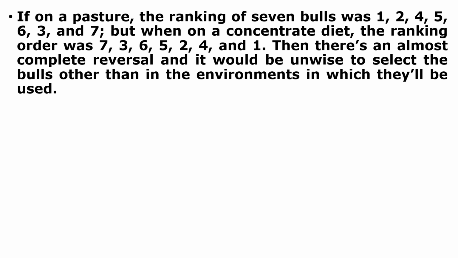Then, in this kind of situation where there's an almost complete reversal, we will say that it would be unwise, for example, to select the bulls other than in the environments in which they will be used. So if the animals are going to be on pasture, it would be wise to use this ranking for selection. And if they are going to be on a concentrate diet, it would be wise to use this ranking for selection.